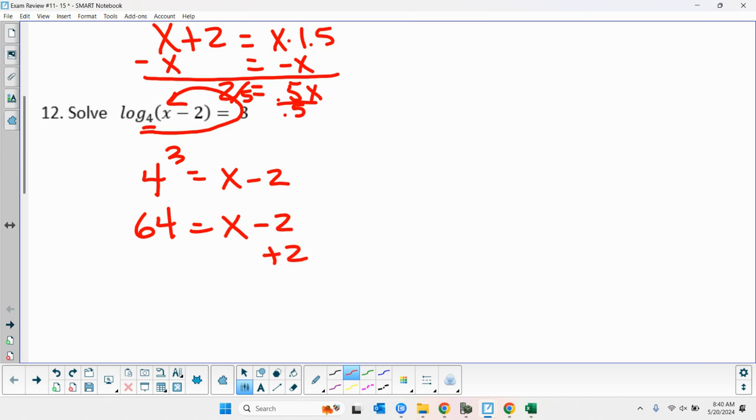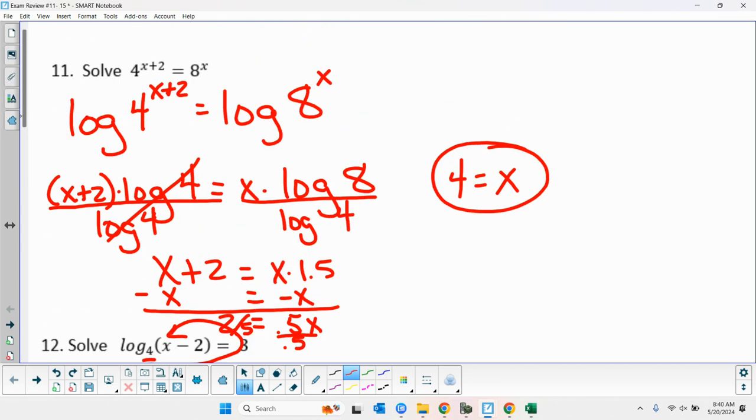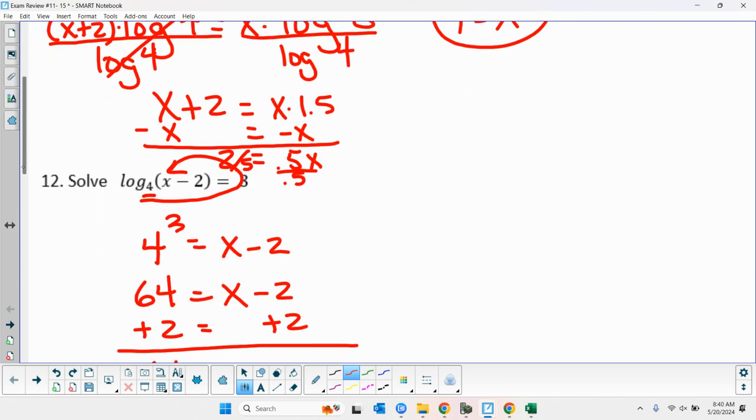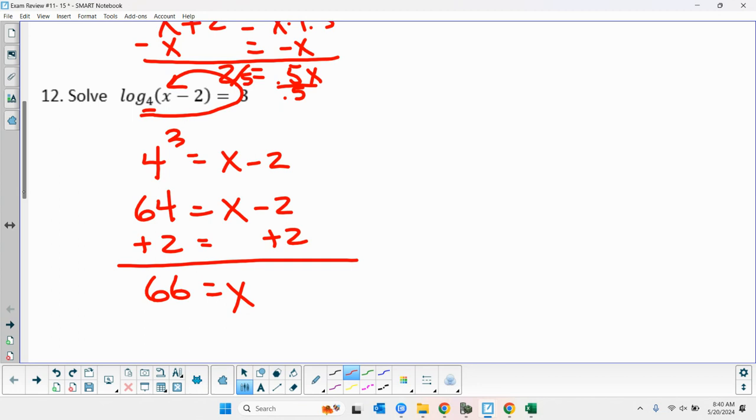And then add 2. That's number 12. So what we basically did in that logarithmic chapter, which is chapter 6 stuff, okay, is we turned exponential equations into logs and then log equations into exponentials. All right.